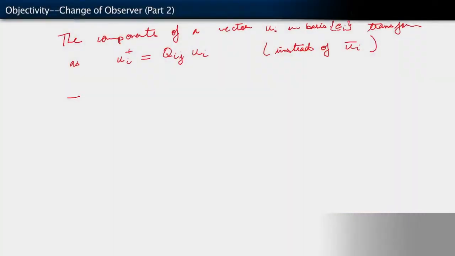What about tensors? How do tensors transform? Same thing, right? Let's suppose we have a tensor sigma. In the original basis, it is sigma ij ei tensor ej.